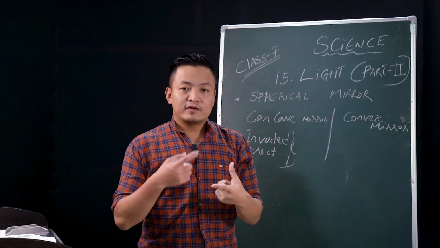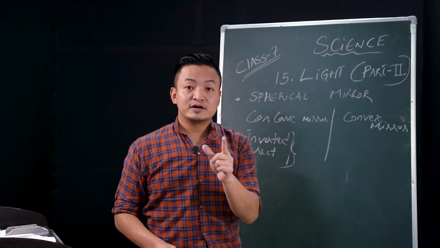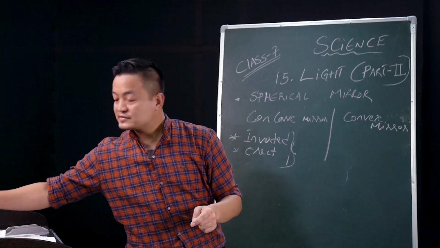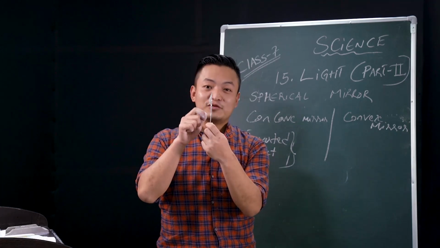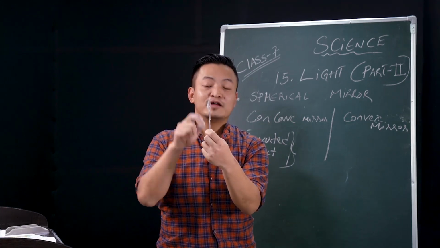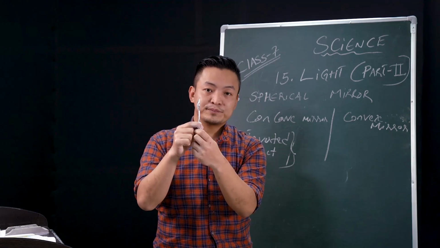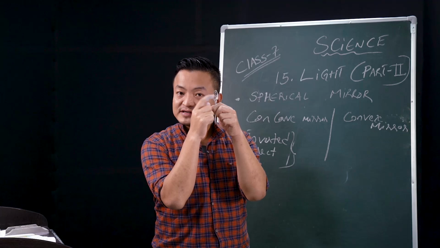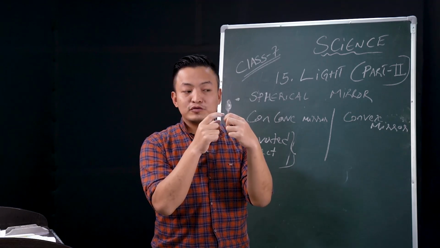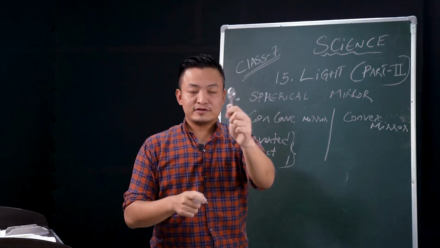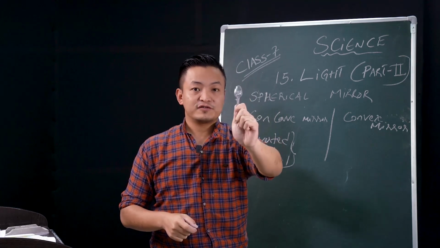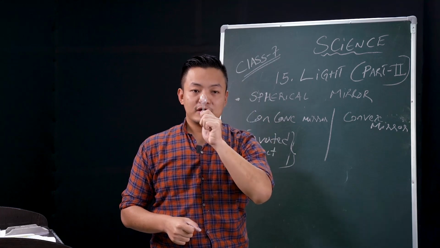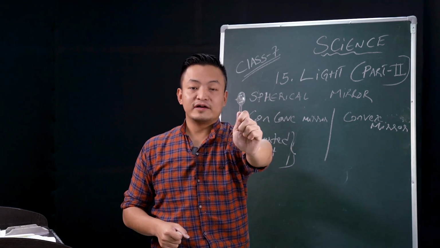From the kitchen you can take one metal spoon. The spoon looks like this, but this is not a metal one, just to show you an example. Concave mirror means the reflecting side will be this side. You can just bring it close to you, and then take it far, and observe.